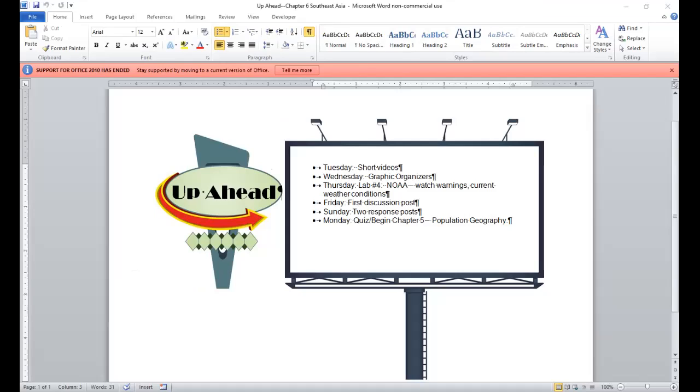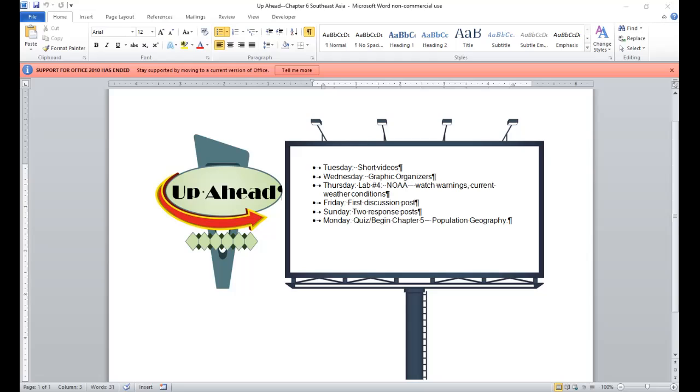These are often helpful. Wednesday, I'm going to give you a graphic organizer. I didn't give you one now. I'm not going to recap via that right now. I want you to go over the lecture notes and fill it in as a comprehension exercise. That will be due Wednesday night.